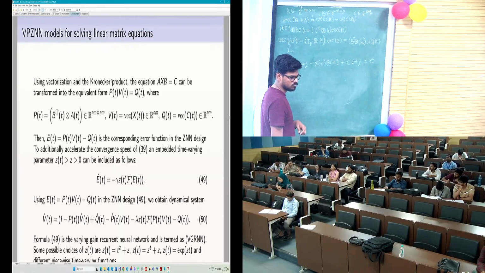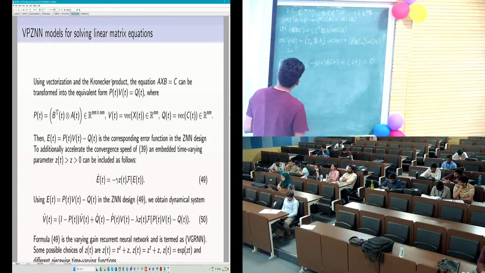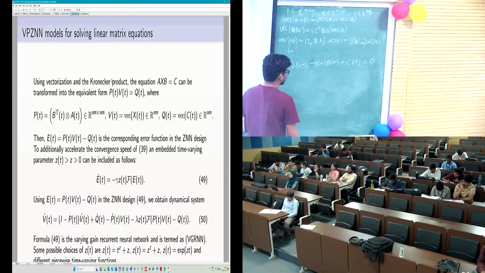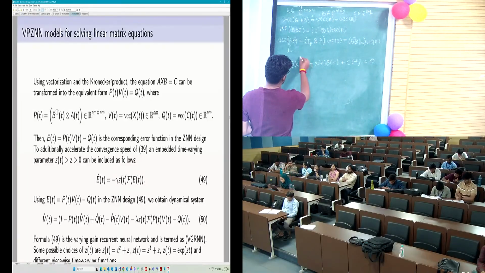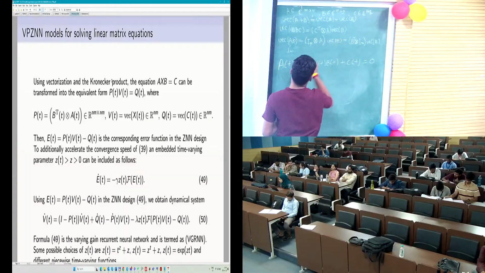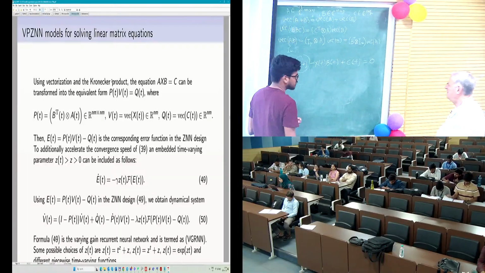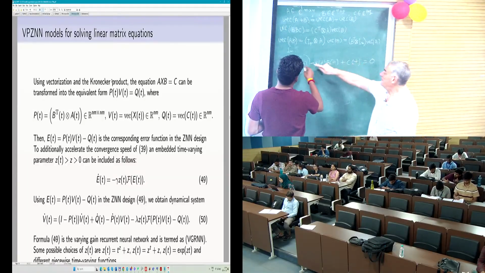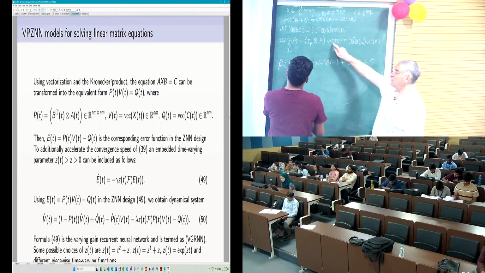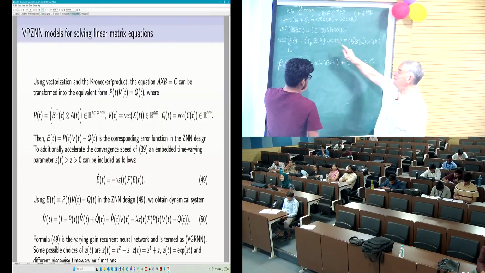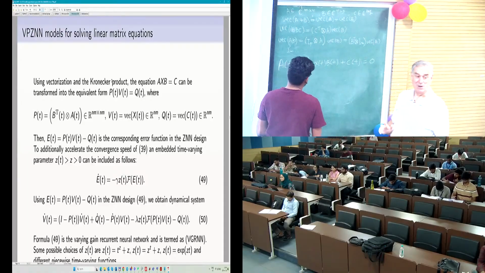We want to consider here vectorization. What will vectorization say? We want to consider this x of t, we want to vectorize it. Vectorization of x must be always.